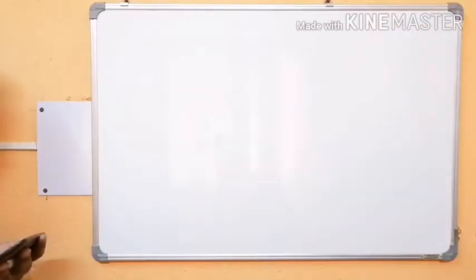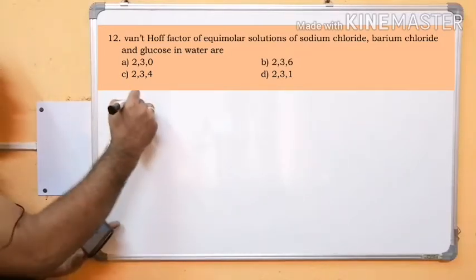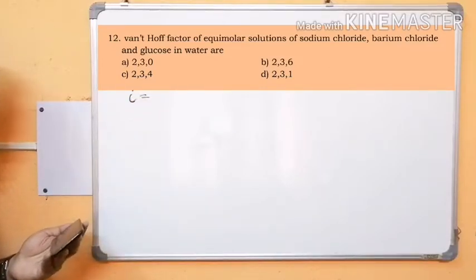Okay. The next question is: the van 't Hoff factor of equimolar solutions of sodium chloride, barium chloride and glucose in water are... The van 't Hoff factor, that is, you have to find out i. For an equimolar solution the concentration is the same, so there is no need to calculate the number of moles. In terms of molarity it is the same, so no need to calculate.